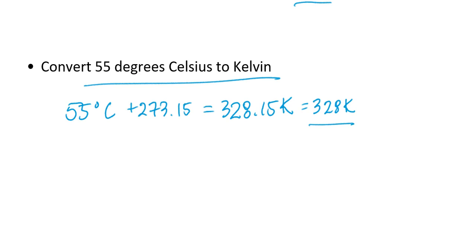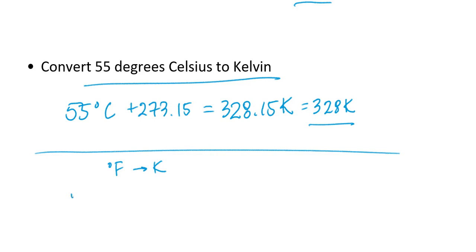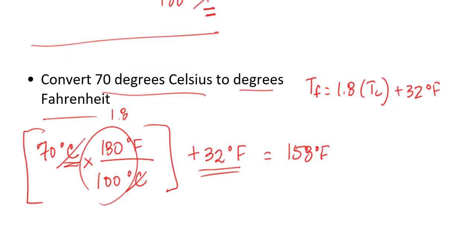Okay? The one thing you have to keep in mind, though, is if you are given a temperature in degrees Fahrenheit and you're asked to convert to Kelvin, there is no direct relationship between degrees Fahrenheit to Kelvin. So if you had a problem where you had to convert from degrees Fahrenheit to Kelvin, what you're going to need to do is convert from degrees Fahrenheit to Celsius, like we practiced on this slide.